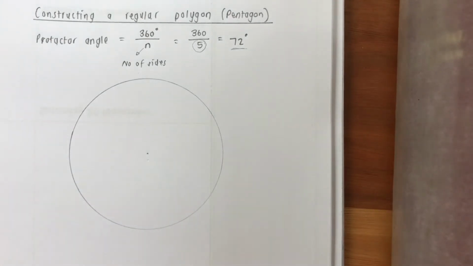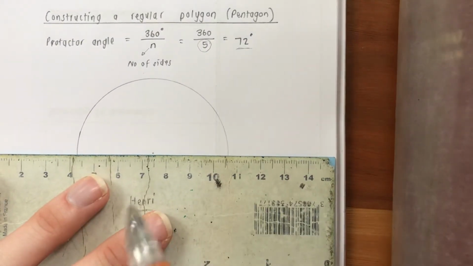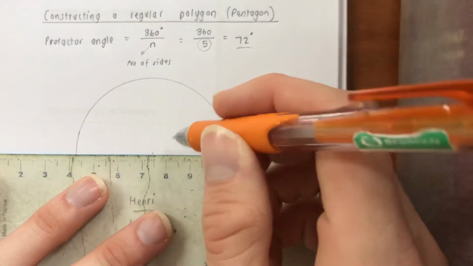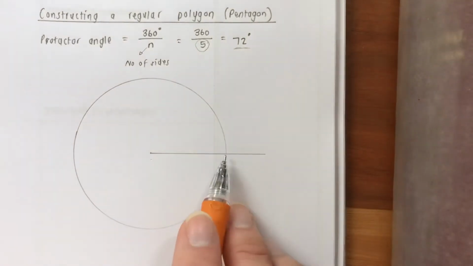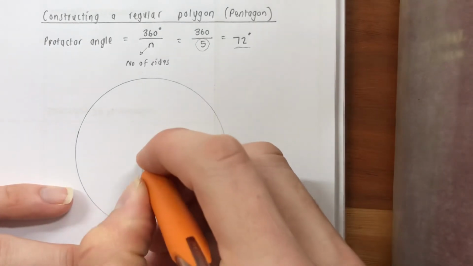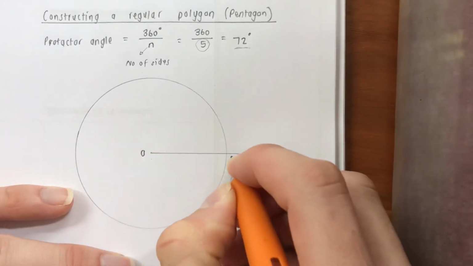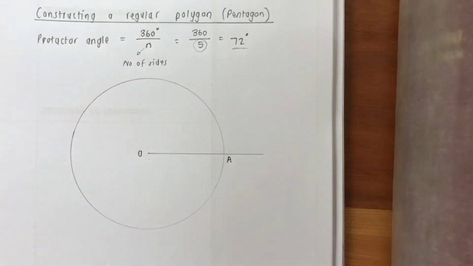Okay. The first thing that we're going to do is we're just going to draw a horizontal line like this until it hits, or it can even go over there. So we're going to call this OA.